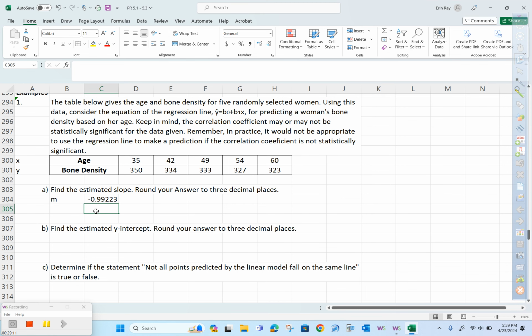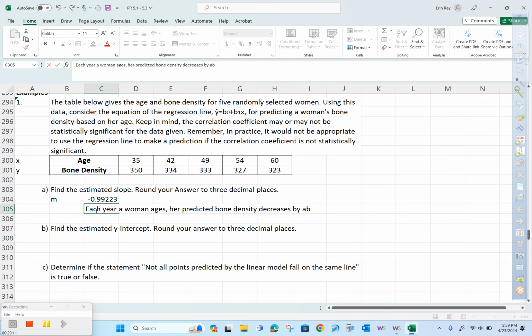We would say each year a woman ages, her predicted bone density decreases by about 1. And I don't believe they told us what bone density was measured in, so that's all we would need there.